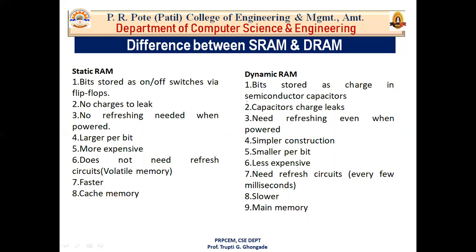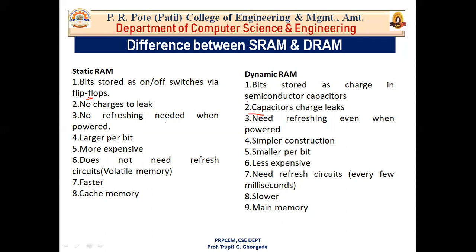Next, there are no charges to leak in static RAM, but here the capacitor charge leaks, so the information gets lost. So before the information gets lost, we have to refresh that particular cell.